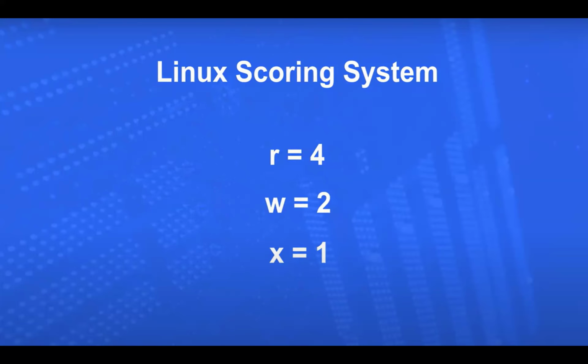Correct. And if he has 3, then what rights will he have? Then read is 3, write will be 3, and then execute will be 1.